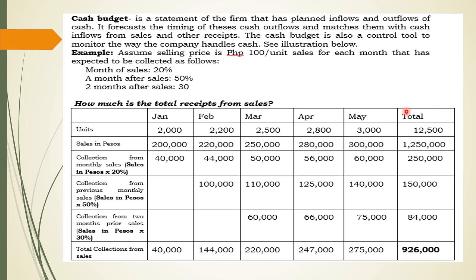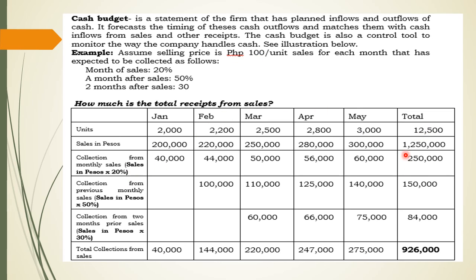Okay, so in this portion, the total. This total is 2,000 from January to May. All sold units is 12,500. Kana siya.